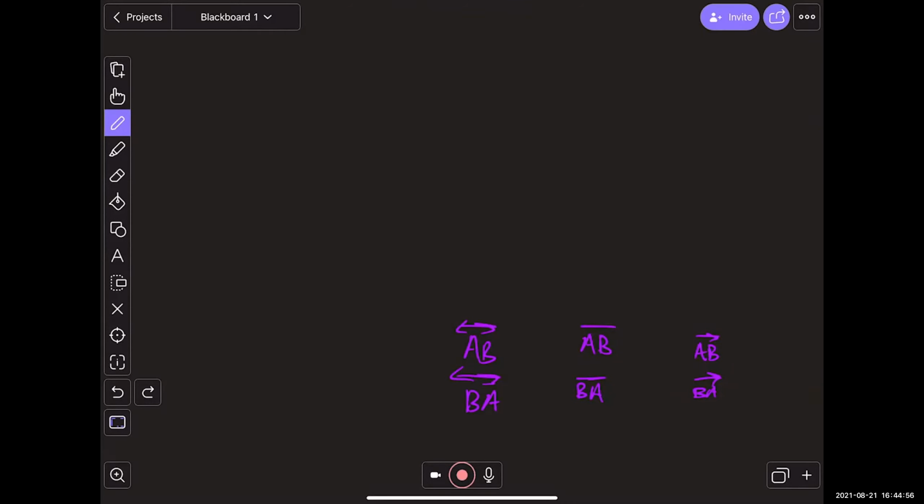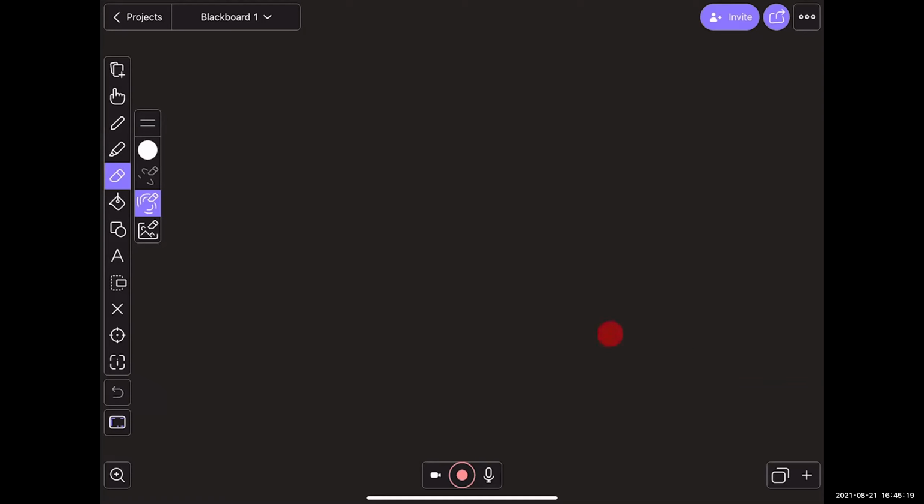Serena's actually answering in the chat, so maybe you guys didn't see that. But that's exactly what Serena had mentioned, the direction. One of them starts at A, goes towards B. The other one starts at B, goes towards A. So those are going in completely opposite directions, which means that we're looking at completely different things here. So that's why that causes a difference, okay?